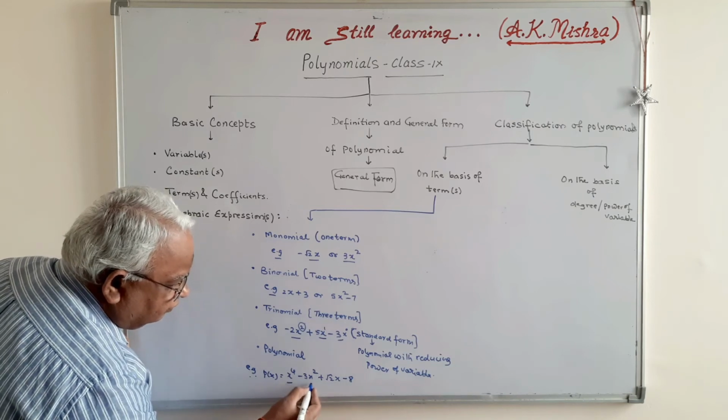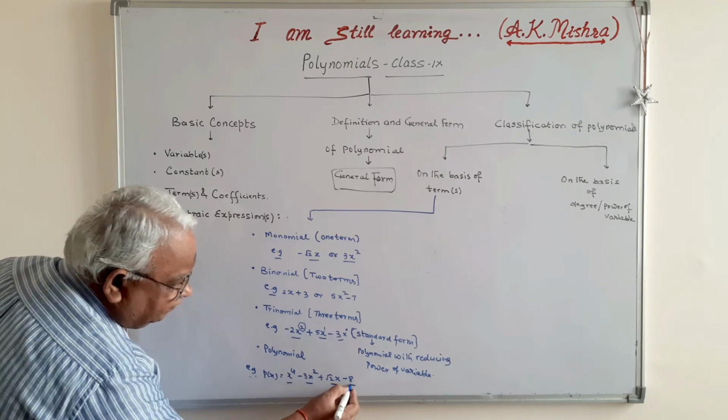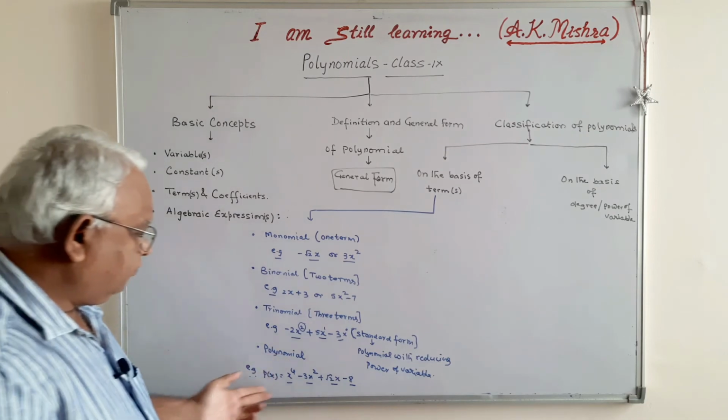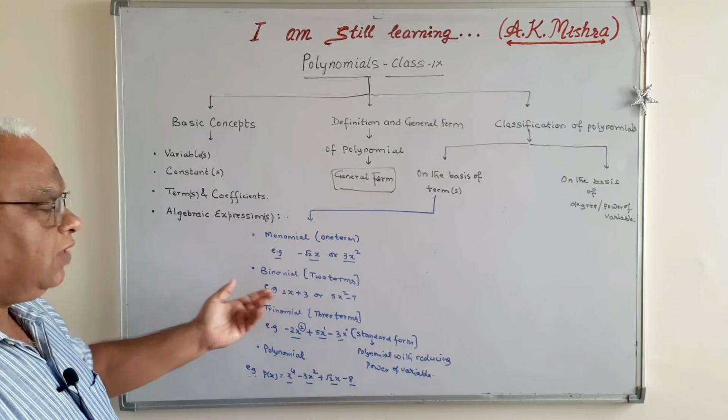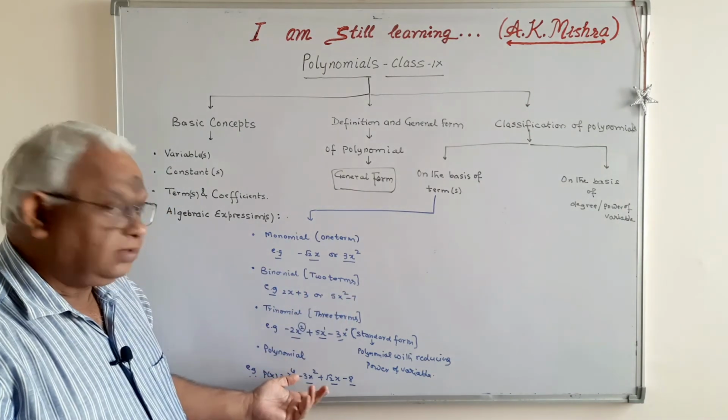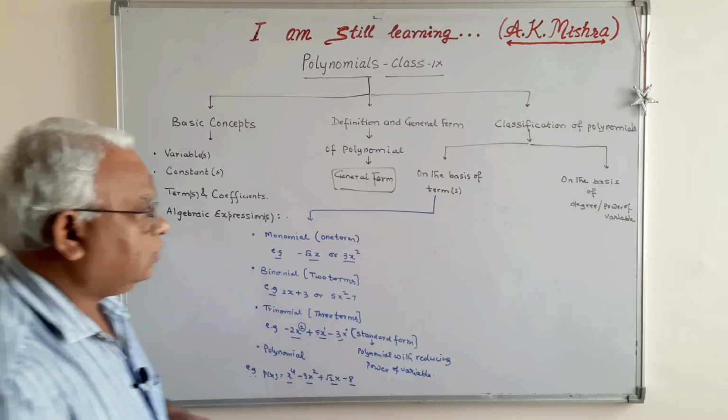Here you have four terms, so we call it a polynomial with four terms, polynomial with five terms, polynomial with six terms. Whatever number of terms there are, you can define according to this.